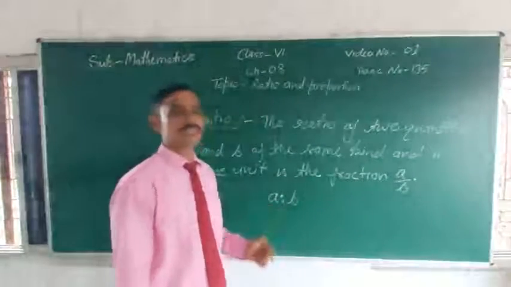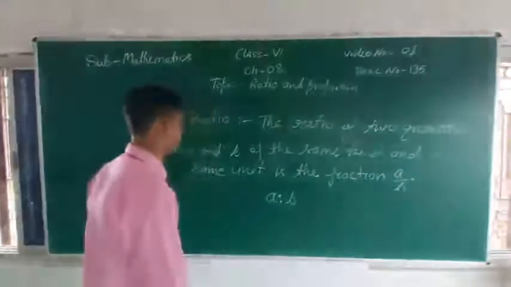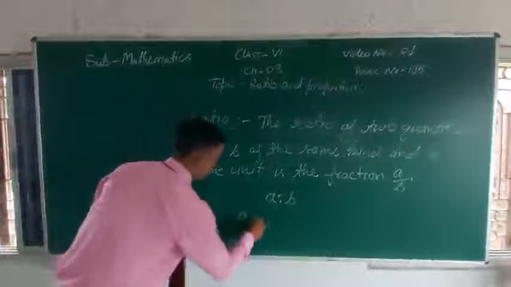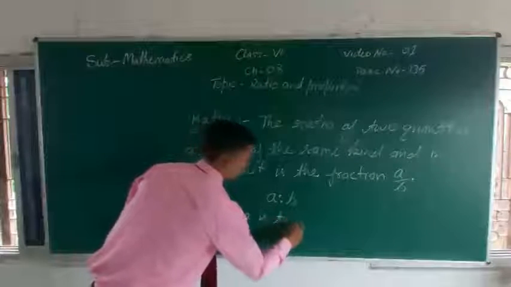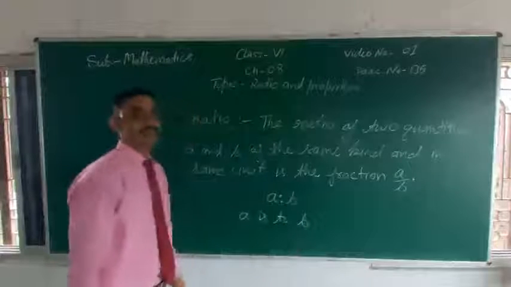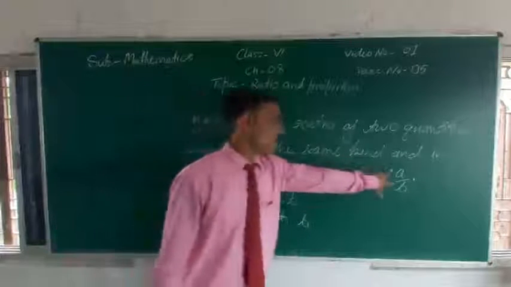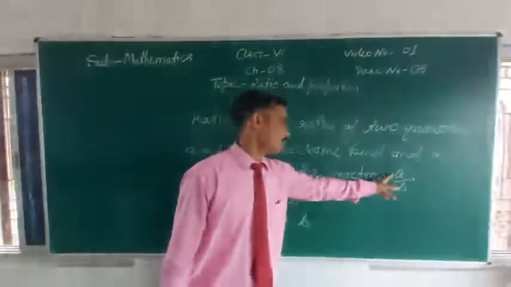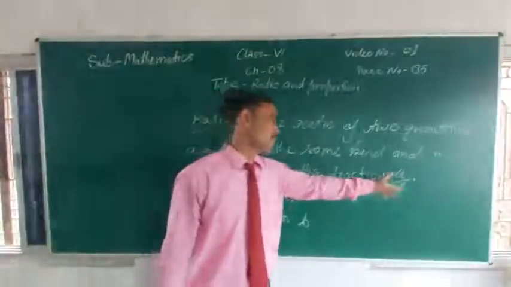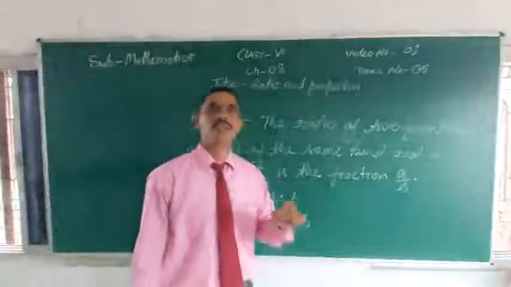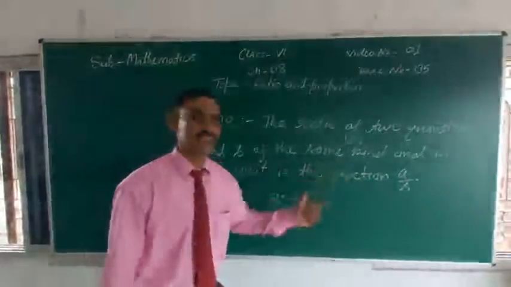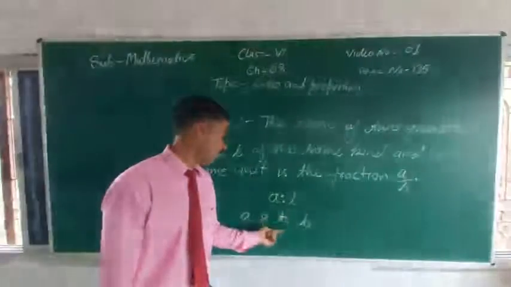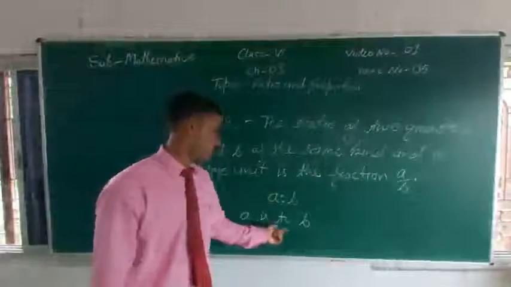We read this as A is to B. So a fraction whose quantities are of the same kind and in the same unit is called a ratio, written as A ratio B and read as A is to B.